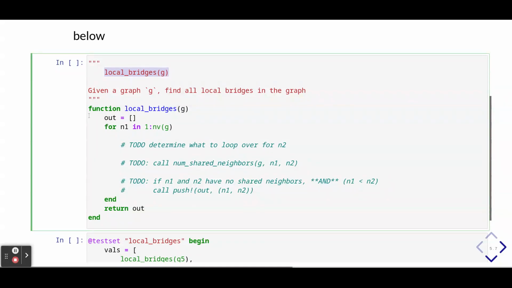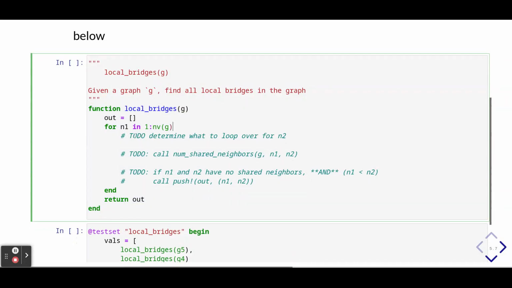So here's some boilerplate or starter code for you. I'm not going to implement this myself. I'm going to leave this as an exercise for the viewer. But I have given you this starter code, and I even have some hints.